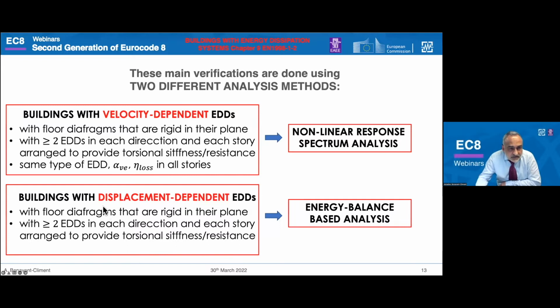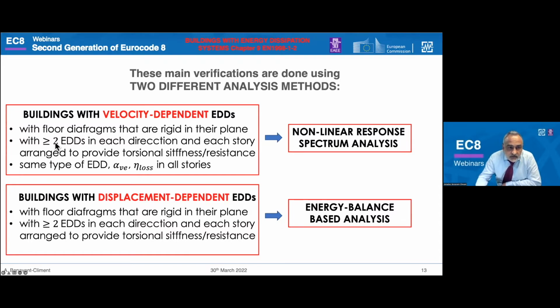In both cases, in order to apply these methods and also the simplifications that are involved in both methods, it is required that the floor diaphragms are rigid in their plane.